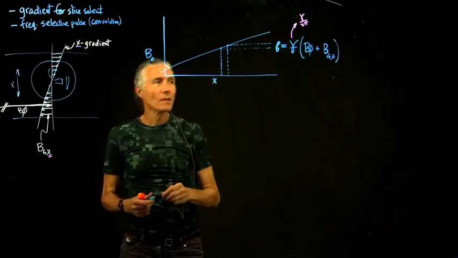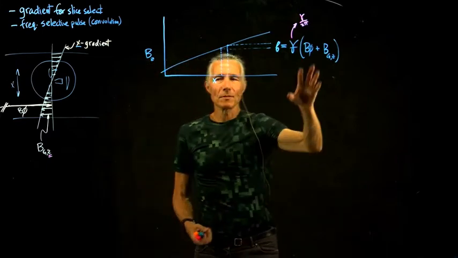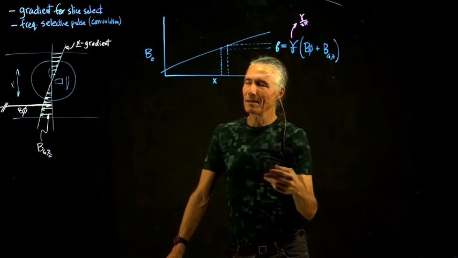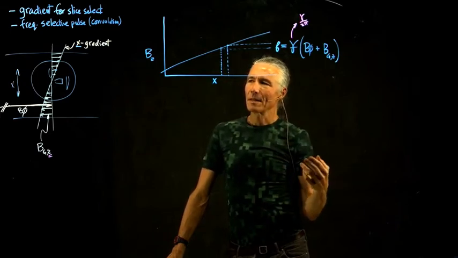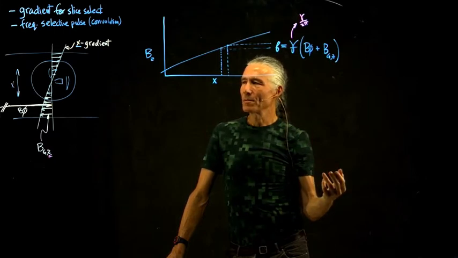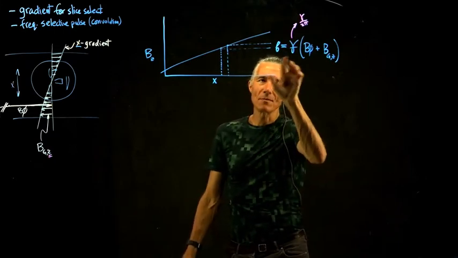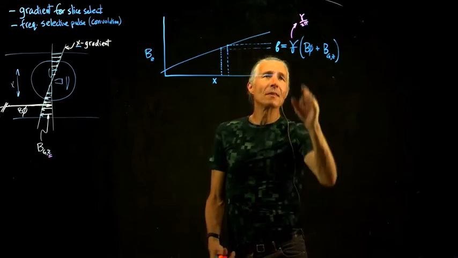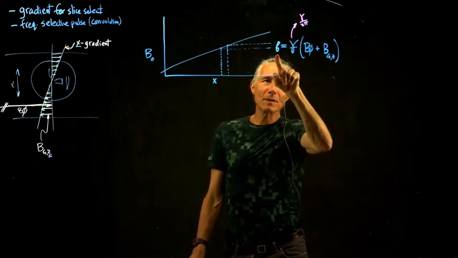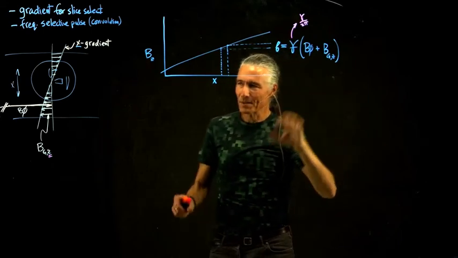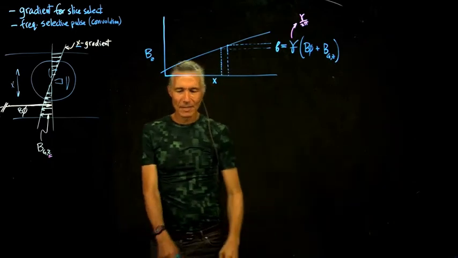This is just our very first equation: the frequency equals the gyromagnetic ratio times the B0. That's the very first equation that we ever put up.